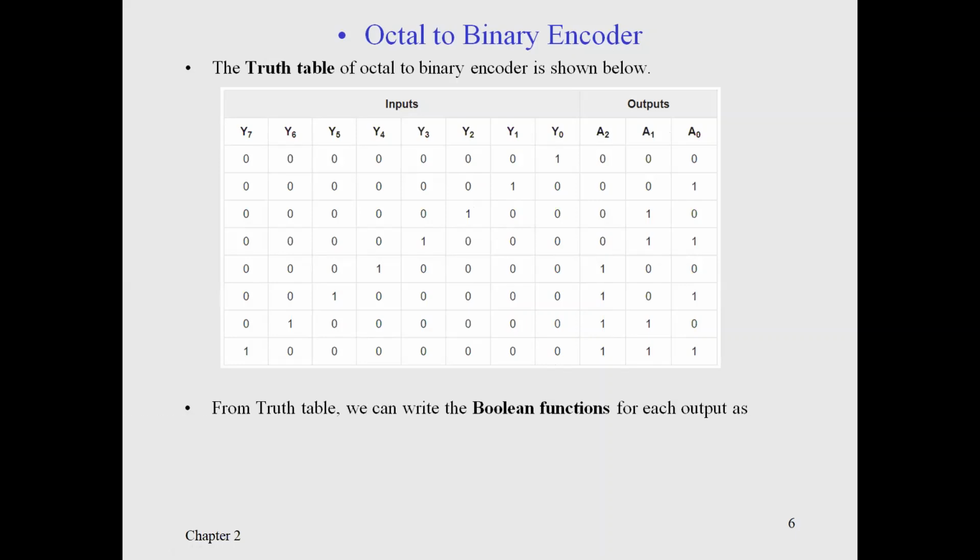So from truth table, we can write the Boolean function for each output as A2 is equal to Y7 plus Y6 plus Y5 plus Y4.